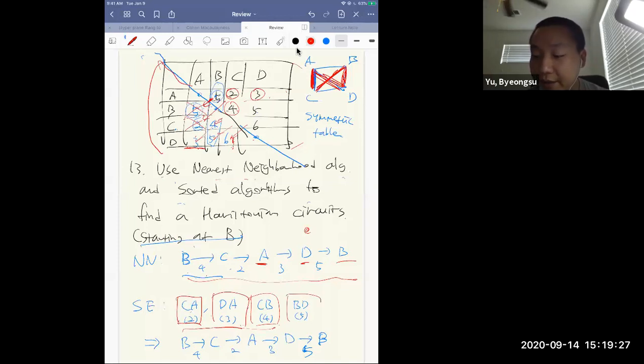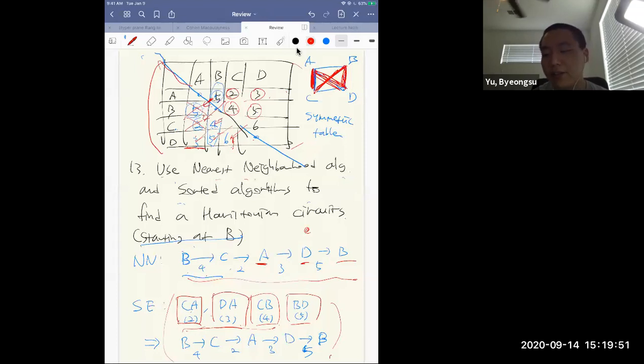And BD takes 5. So your route, if we start from B, goes to C first, then A, then D, and goes to B again. That's why you get the same Hamiltonian circuit as we did in the nearest neighbor method, right?